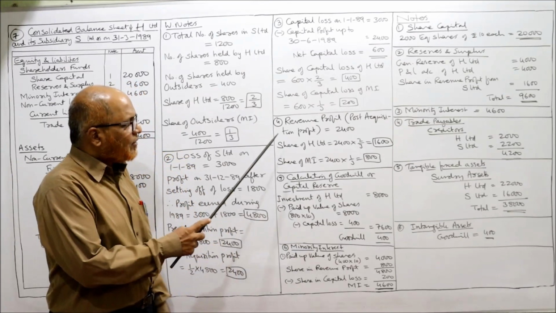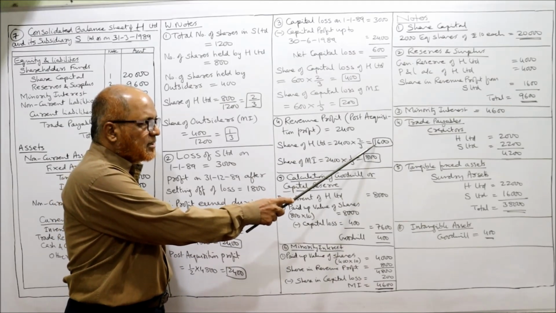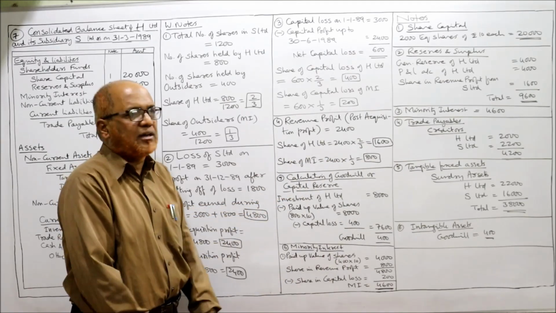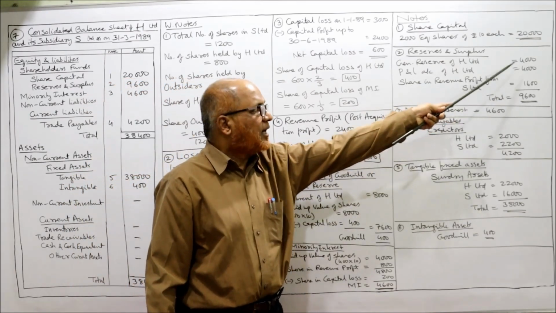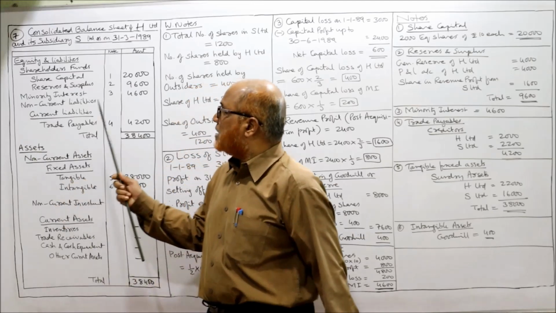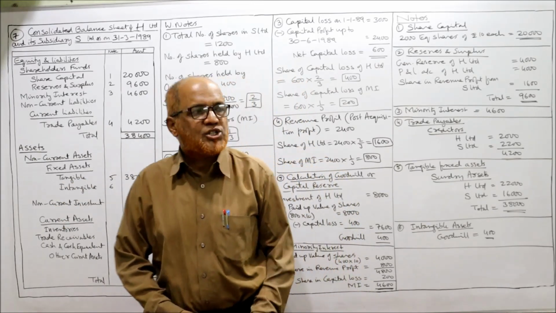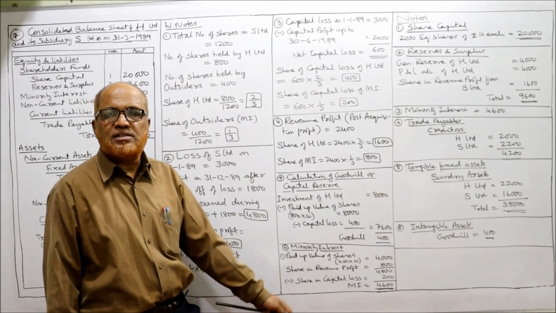What is the share of revenue profit earned from S Limited? 1,600. This is the share of H Limited in revenue profit. Take the total 9,600, take it here. Then third, minority interest. Already we have calculated minority interest here, 4,600.